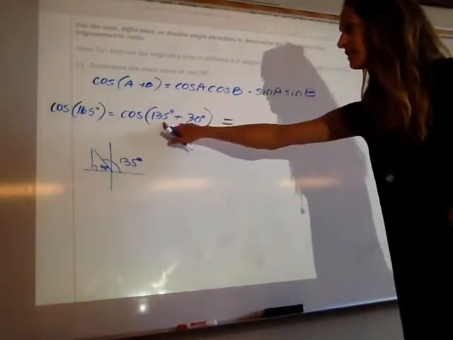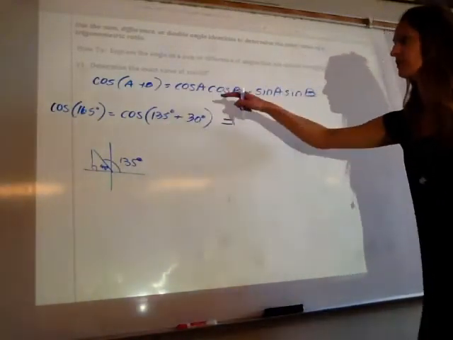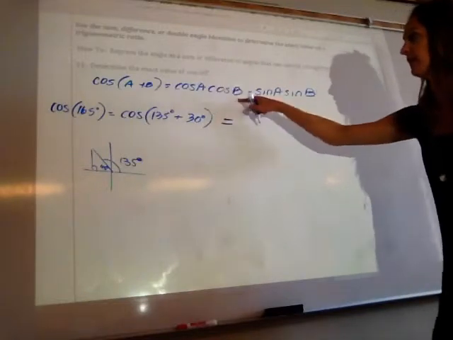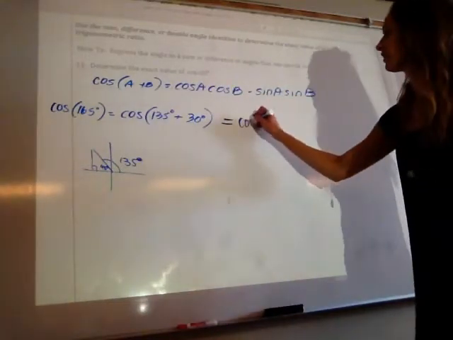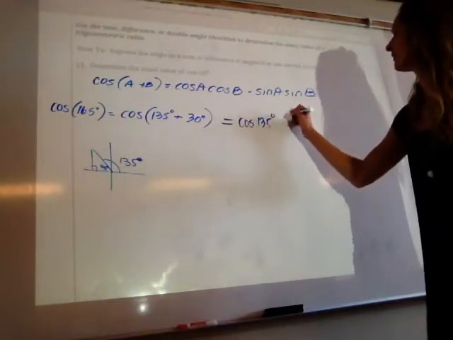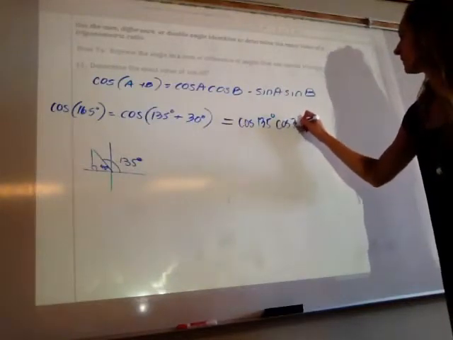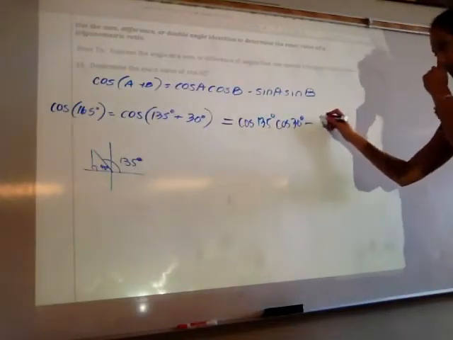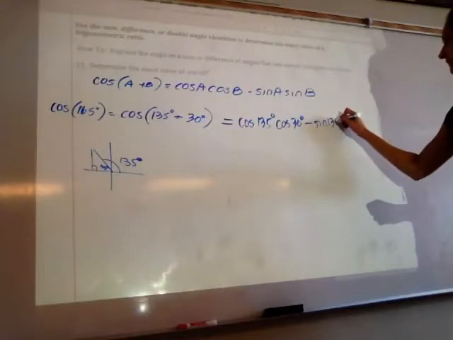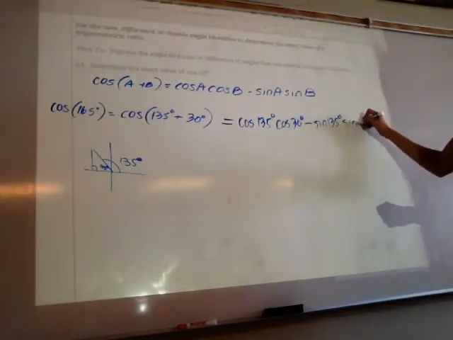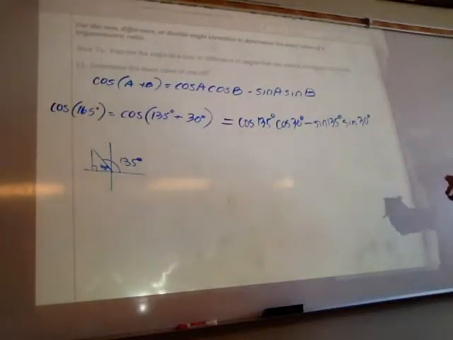So now I know A is 135, B is 30 degrees, so I'm just replacing A with 135 and B with 30. So I have cosine 135, cosine 30, minus sine 135 and sine 30.